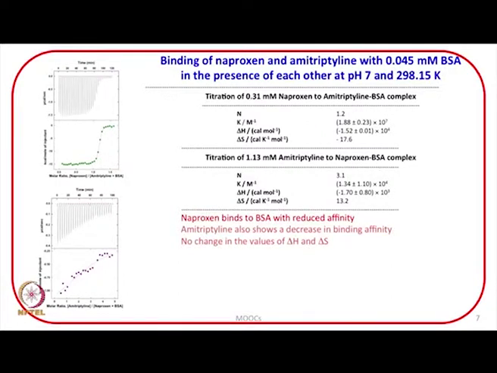So based upon such kind of experiments, conclusions can be drawn whether the drug binds at the same site or at a different site. As I mentioned, if the drugs bind at different sites, then the complexation of the protein with one drug molecule will not affect the binding affinity when it is interacted with the other drug molecule.